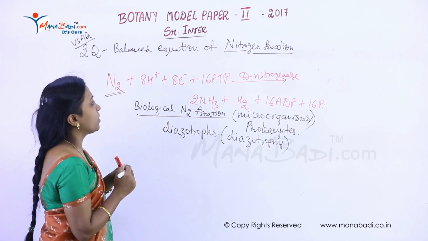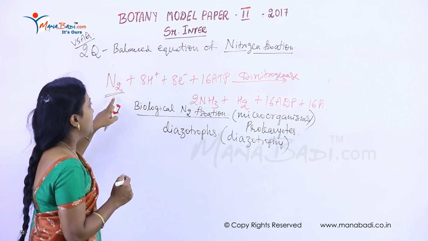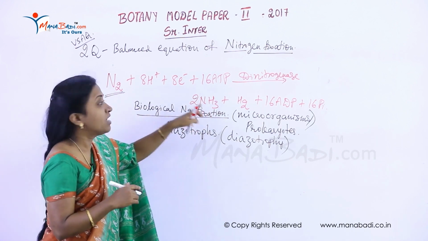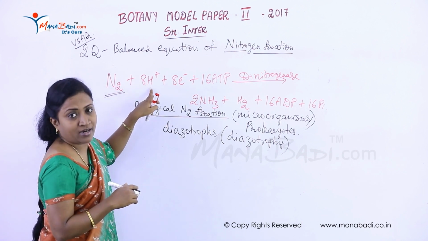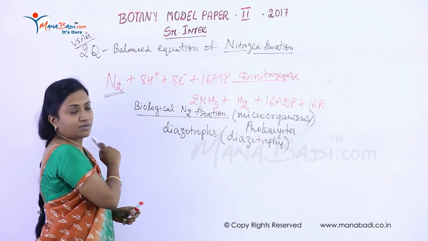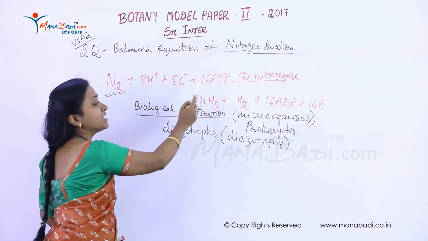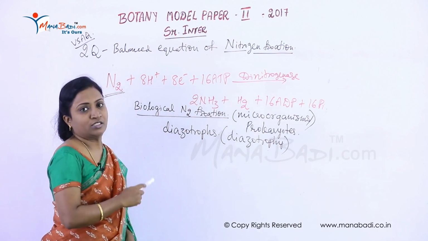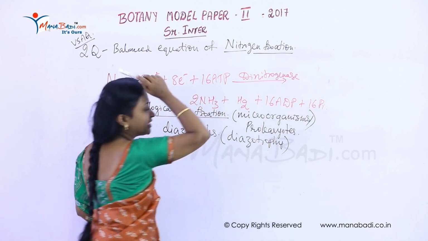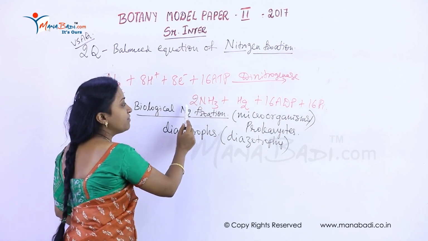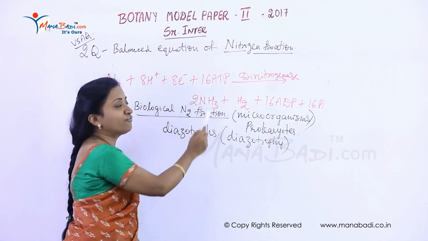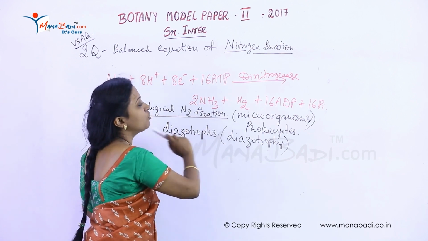What happens here is that atmospheric dinitrogen is converted into ammonia using 8 protons, 8 electrons and 16 ATP molecules in the presence of the enzyme dinitrogenase, which converts nitrogen into 2 molecules of ammonia plus H2 plus 16.